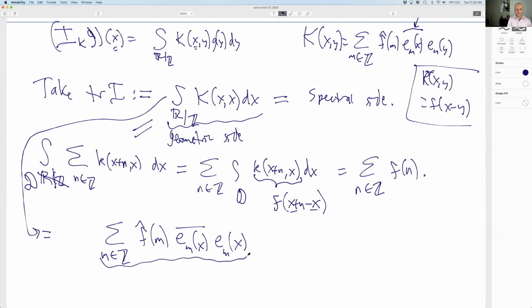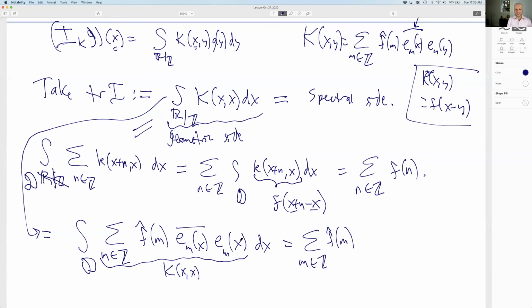This whole thing is k of xx, and I integrate this over D. So this is a sum over m in Z, f hat of m. This is why I wanted the conjugate there.